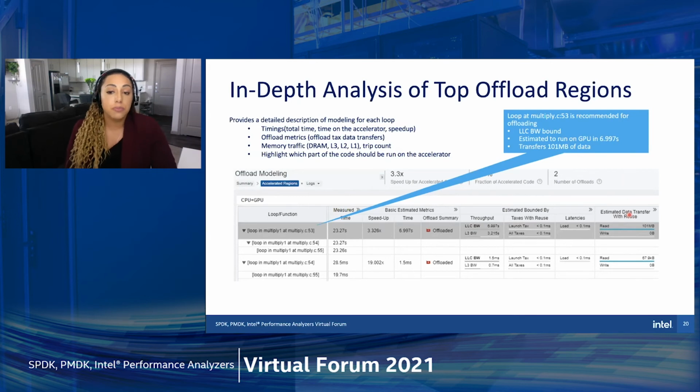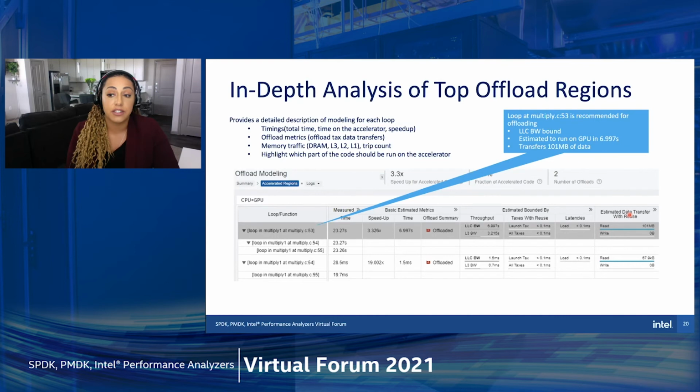So as you're porting your application to a discrete GPU, it's really important to consider how much of your data will be transferred from your CPU to your GPU, and then of course back to your CPU. This data transfer cost can often dictate whether the GPU offload is even worthwhile for your application.